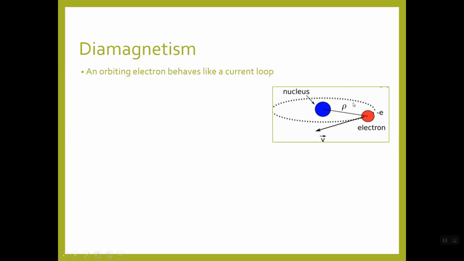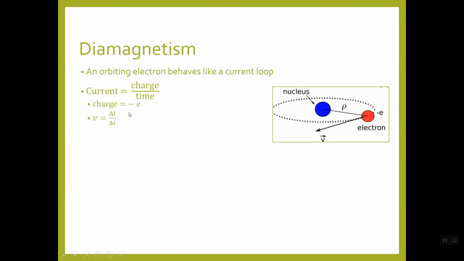like a current loop. Okay, so here's the nucleus of our atom. Here's an electron with some velocity v orbiting around the nucleus. And we're going to treat that as a current loop. Current, we know, is charge per unit time. Here, our charge is an electron, so negative e.